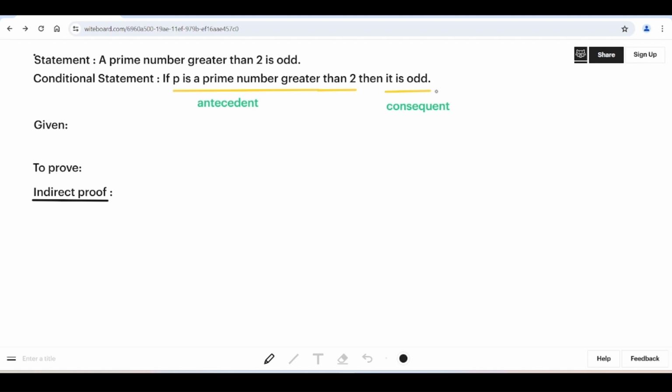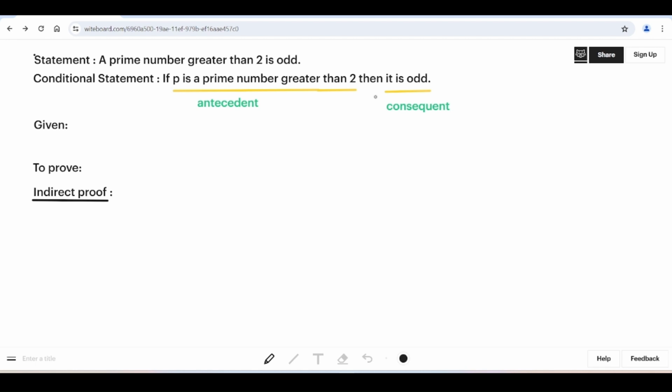And that conclusion is contradictory with our antecedent. Once we come to the conclusion that is contradictory to the antecedent, then we have to recognize that our consequent, which we assumed false, was indeed false, and then the given statement is true.